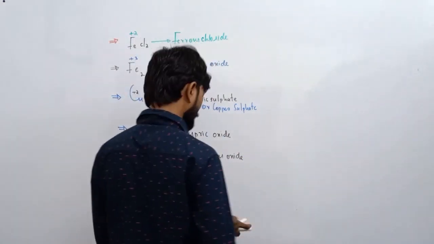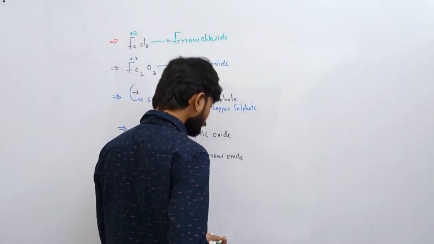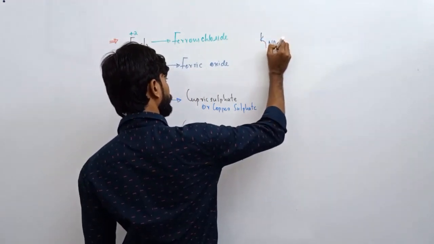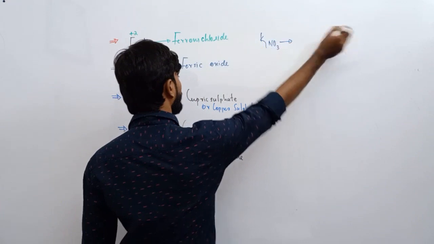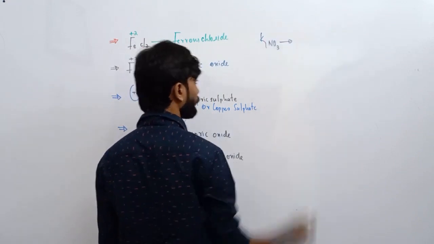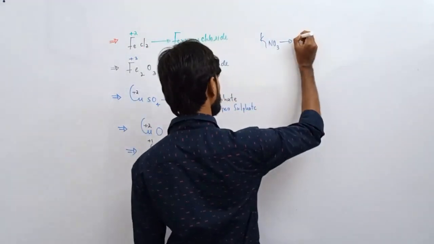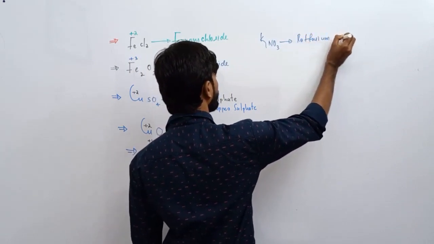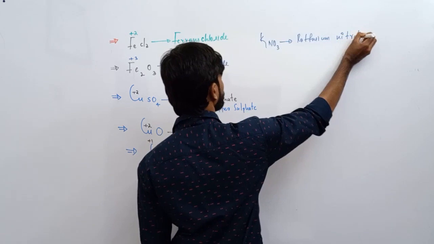And let's have KNO3. So K is potassium and in NO3, nitrogen is in the most highest, +5 oxidation state. So it is nitrate. So this is said to be potassium nitrate.